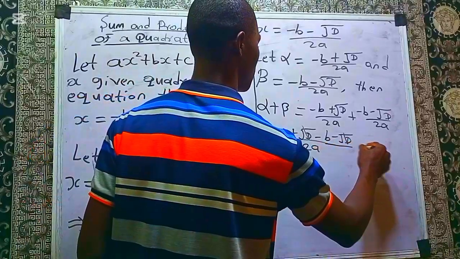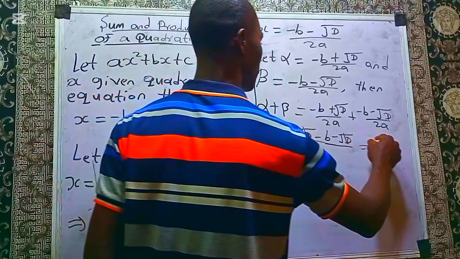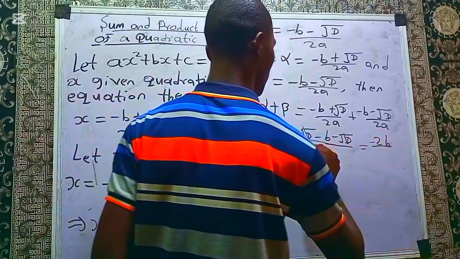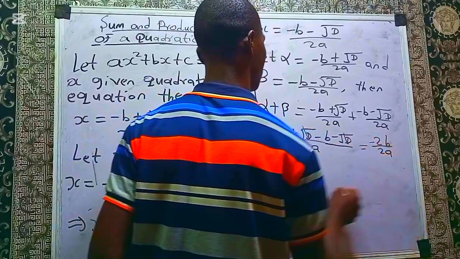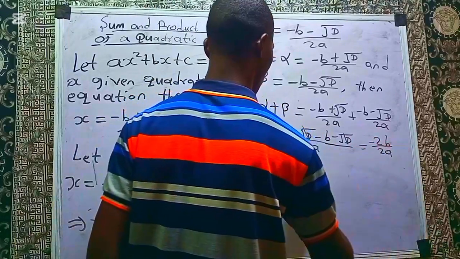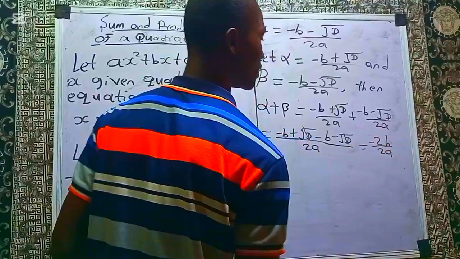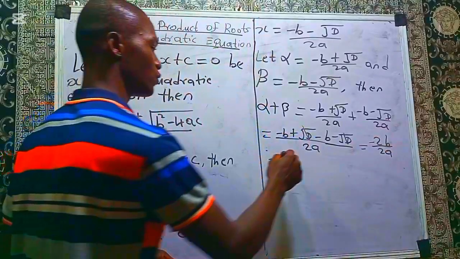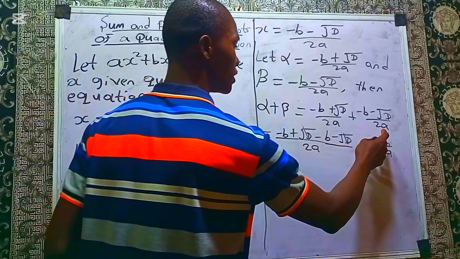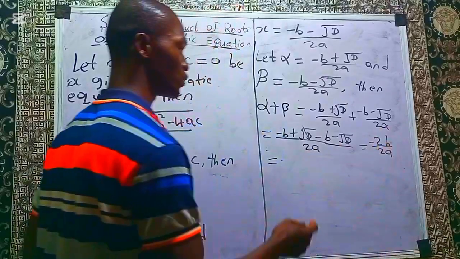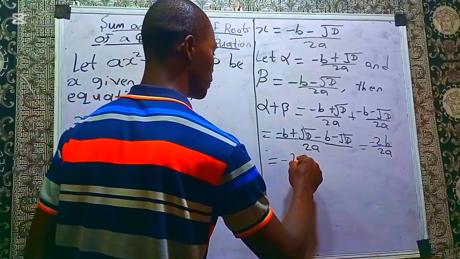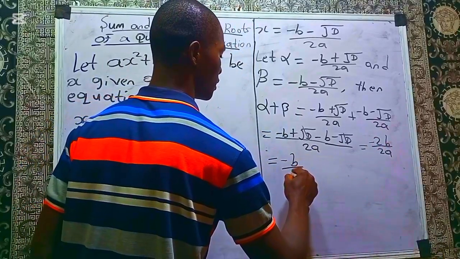Then negative b and negative b is negative 2b, divided by 2a. You get negative 2b divided by 2a, which is negative b divided by a.